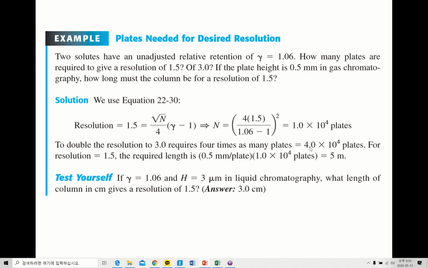The plate number is 4.0 times 10 to the 4 plates. You understand? You don't need to do this kind of calculation again.